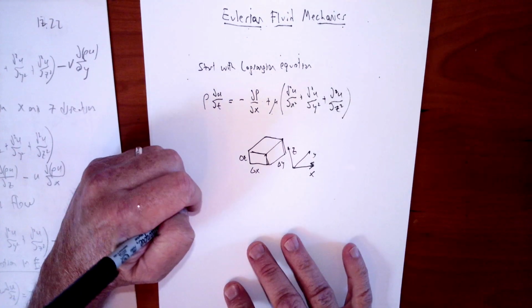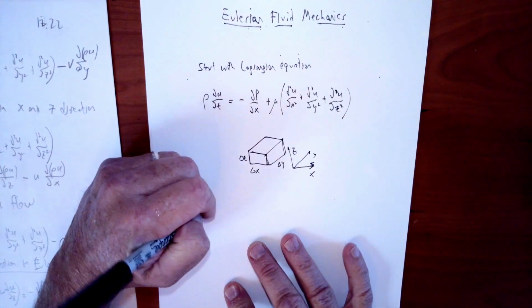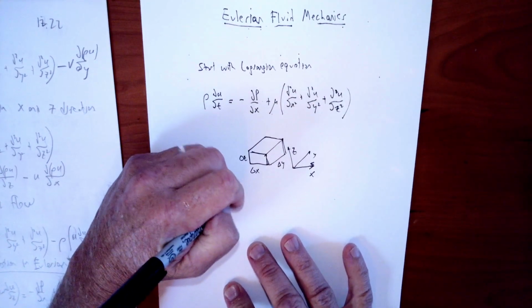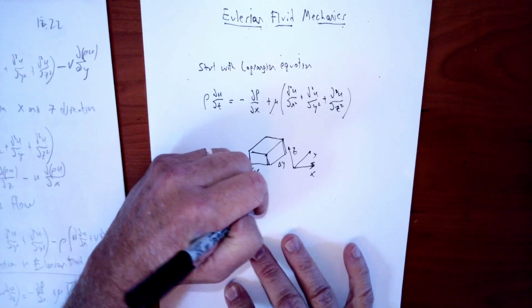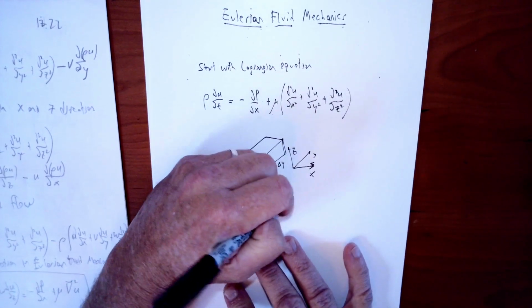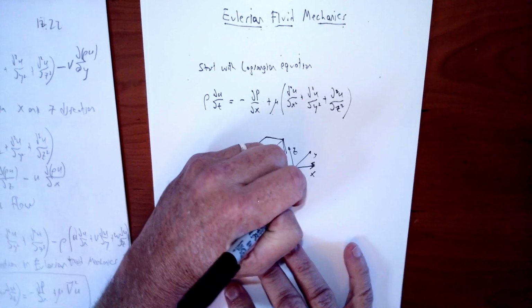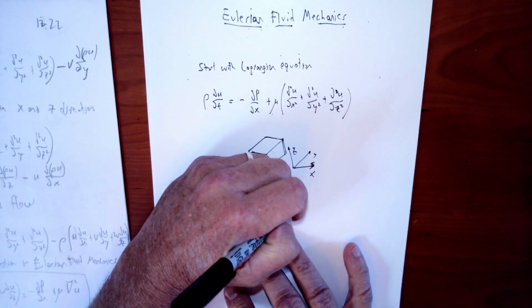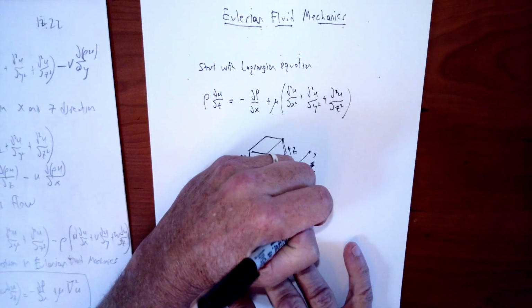So we have rho du/dt is equal to minus dp/dx plus mu, same thing we have above, d squared u/dy squared plus d squared u/dx squared plus d squared u/dz squared.